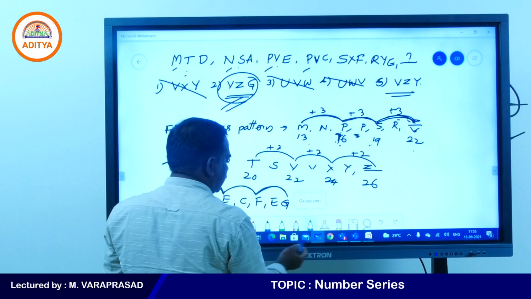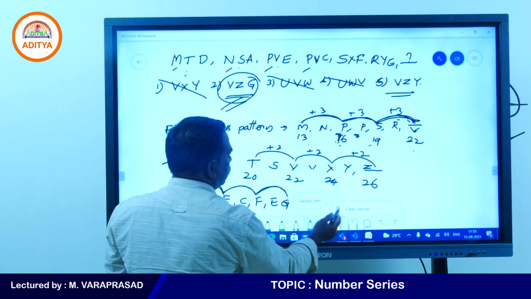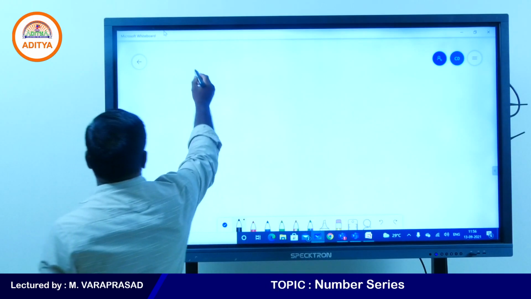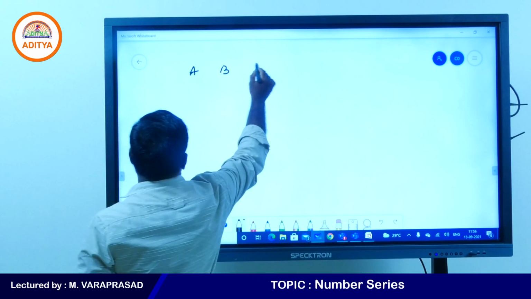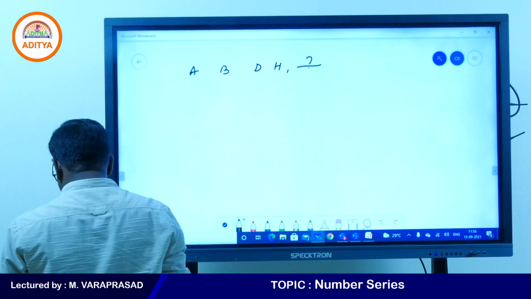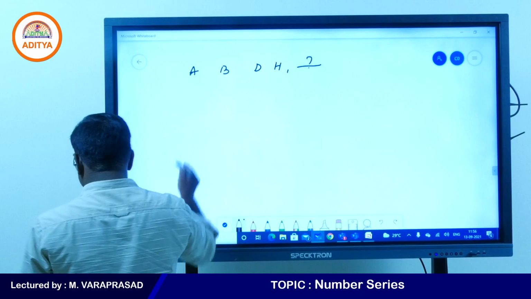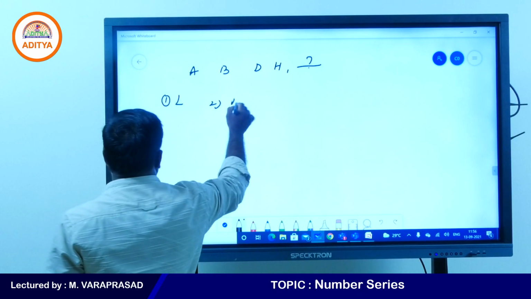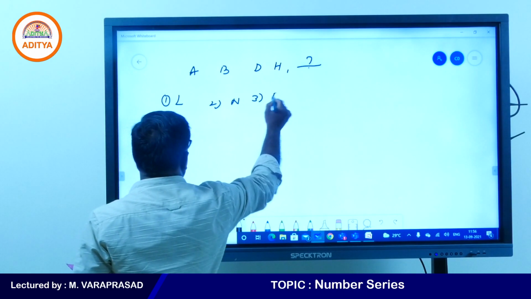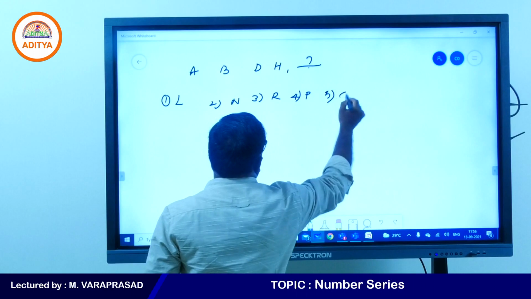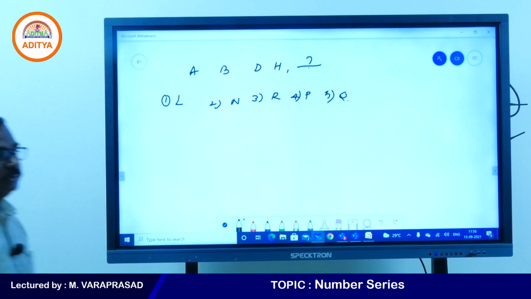Yes, one more example I'll give. The next one is given: A, B, D, H, A, B, D, H. And what will you get in the place of the next letter? So the first option is L, second option N, third option is R, fourth option is P, and the fifth option is Q. What answer will you get here?